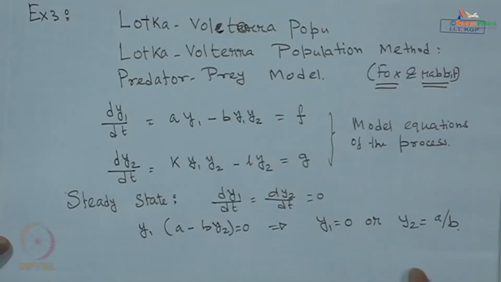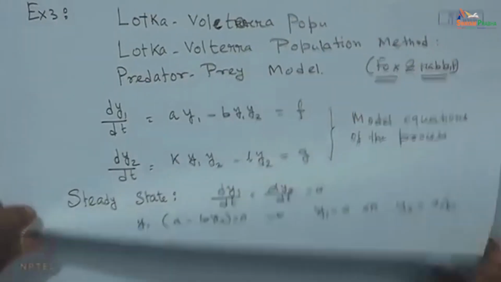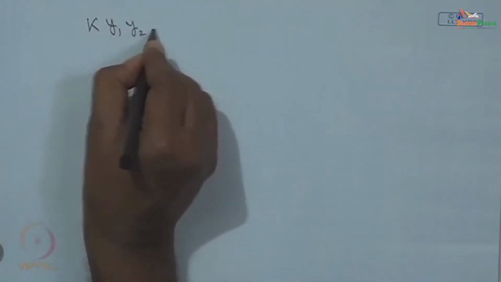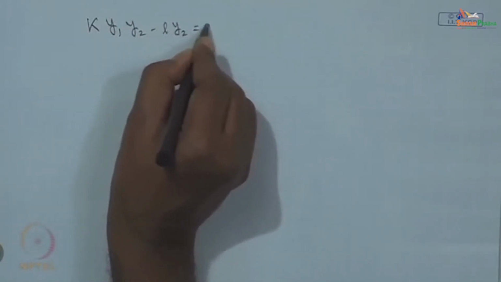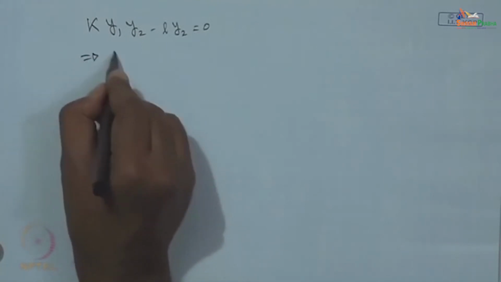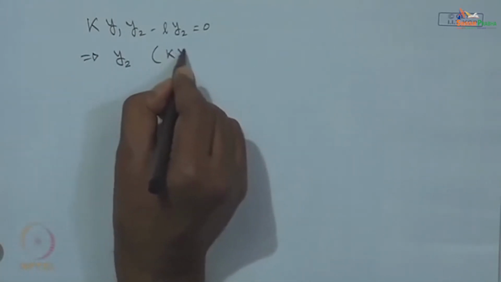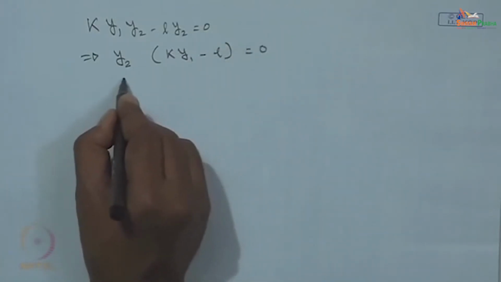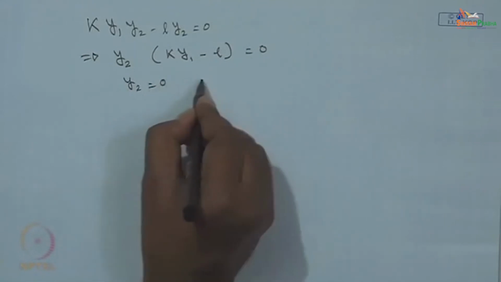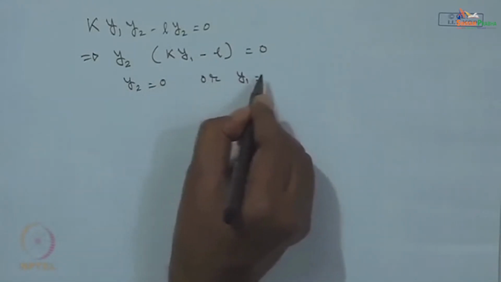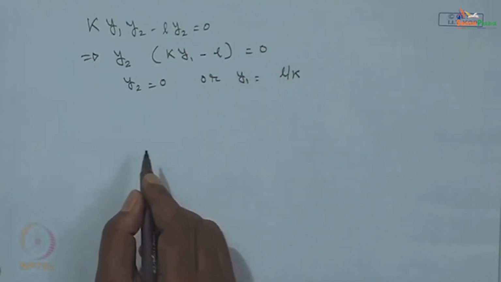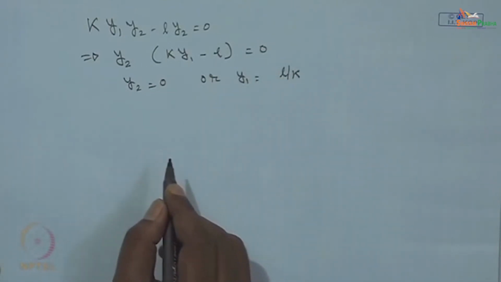Now, if you put the second equation to be 0, you will be getting k y1 y2 - l y2 = 0. So, you will be getting y2 (k y1 - l) = 0. Therefore, either y2 equal to 0 or y1 is equal to l/k. So, there exist two steady states in this particular problem.